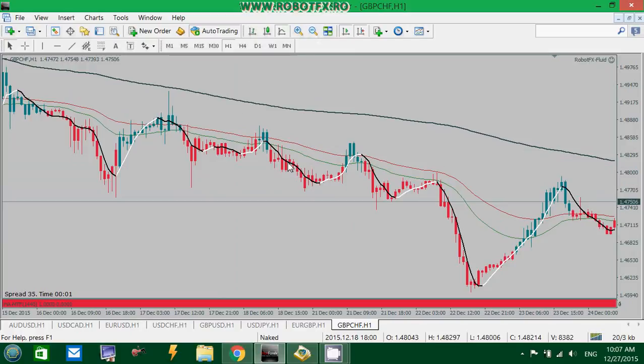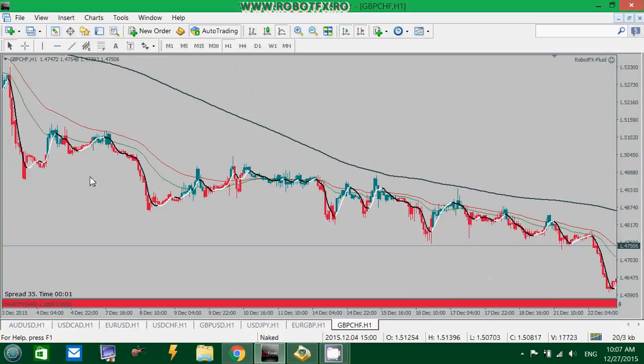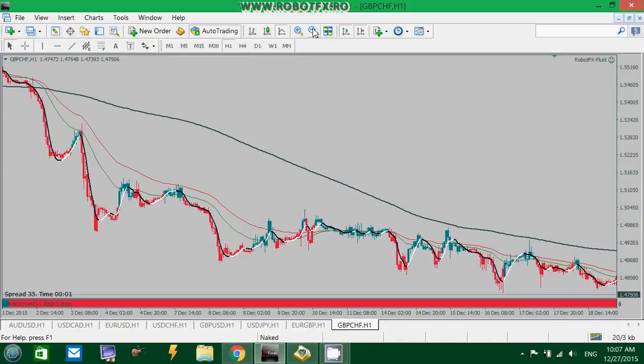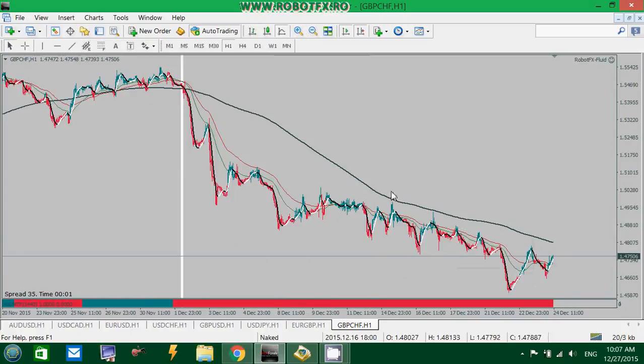In this case, the pound and the crown. This is a very nice example of a downtrend that started somewhere here. The last wave started somewhere here and still didn't end yet.